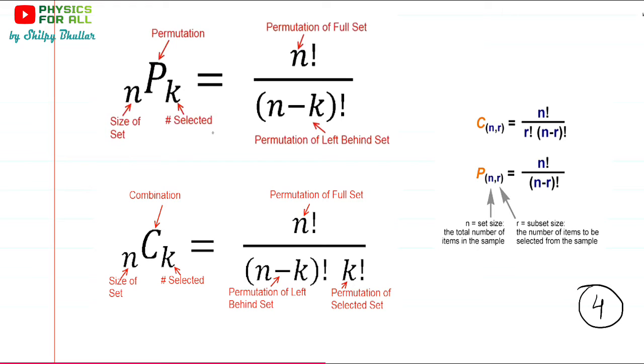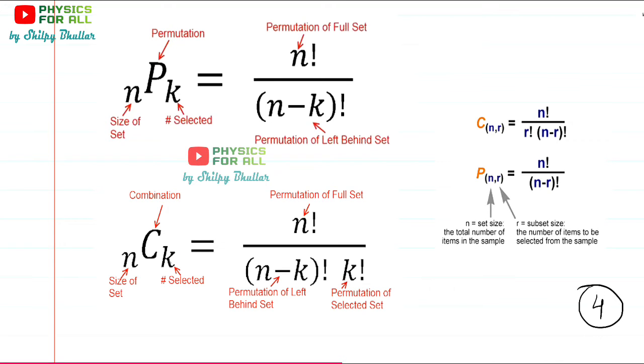Okay, so this is for permutation. For combination, we use the symbol C. Again, n stands for the total size of the sample or total number of objects that you are taking, and k is the number of objects that you have selected out of the total number. So here the formula is n factorial, that means factorial of the total objects, divided by n minus k, meaning the left behind.